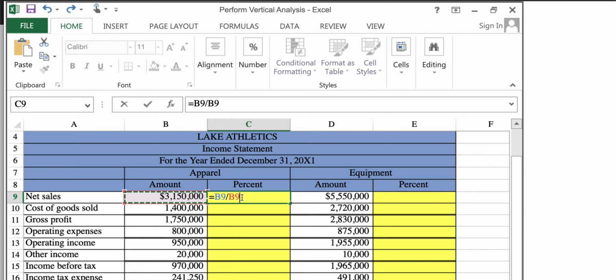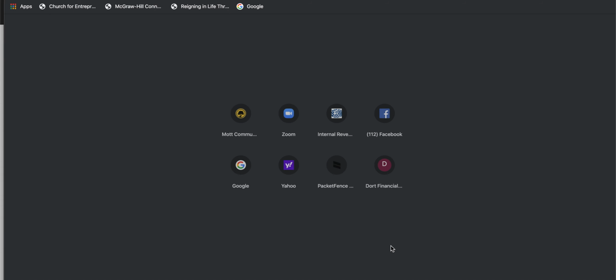So what you're going to do is wrap this B in dollar signs. There's an easy way to do it. I'm on a MacBook, so if you're on a Mac platform, you're going to hit Command T. Oh, shoot. It doesn't like that in this.